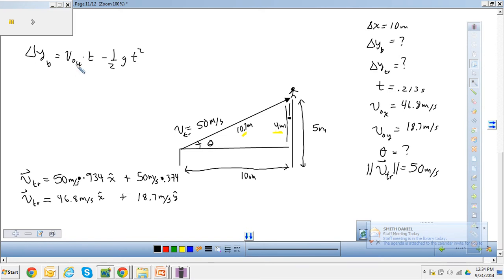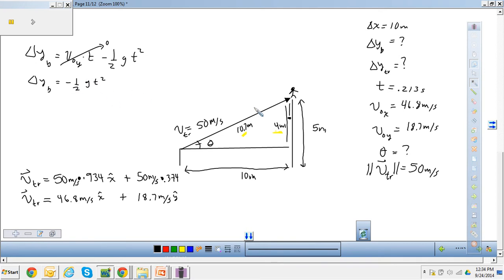Did the banana have a y component initially? And velocity? It did not, you're right. That is a 0. So that leaves delta y, banana, equals negative 1/2 g t squared.